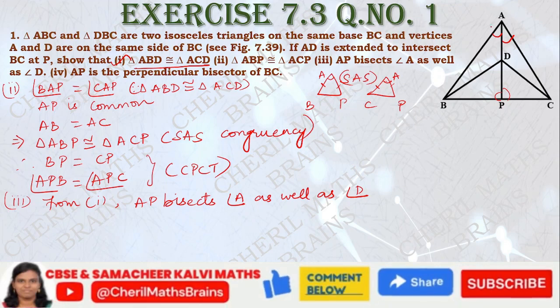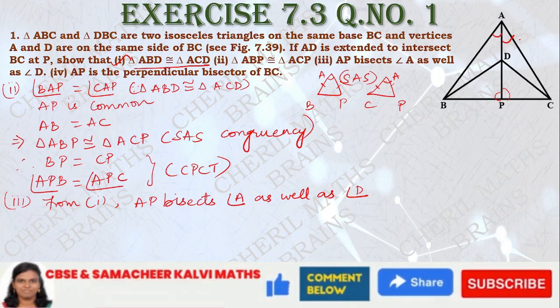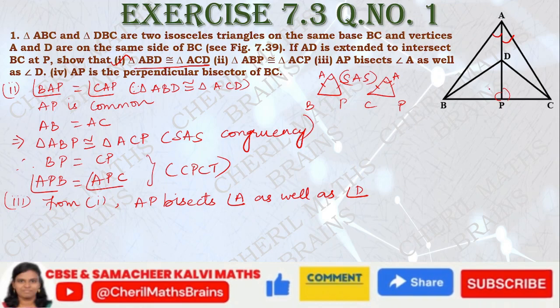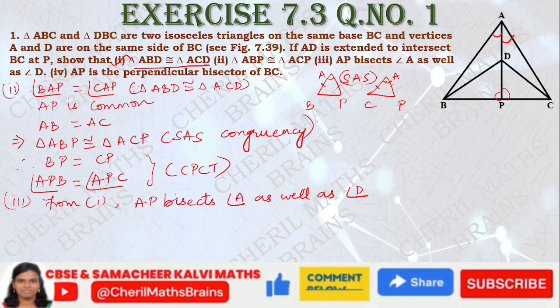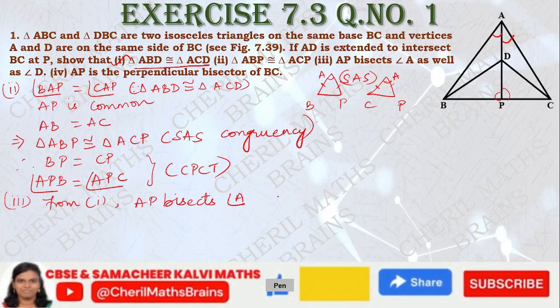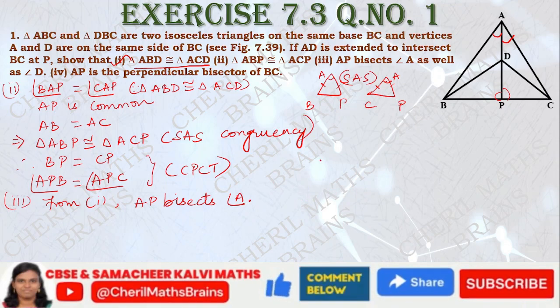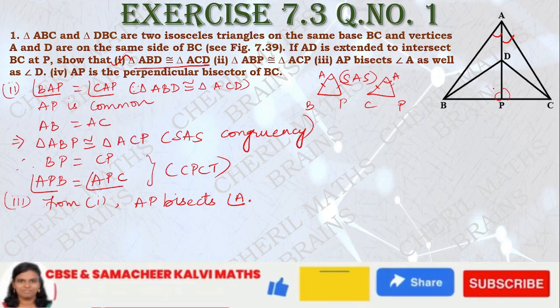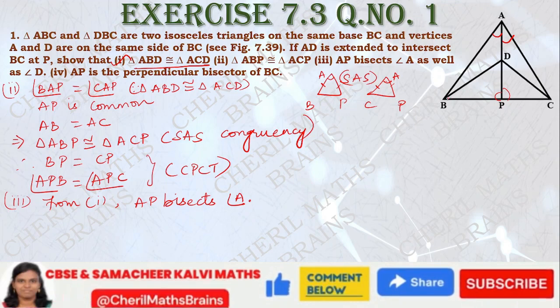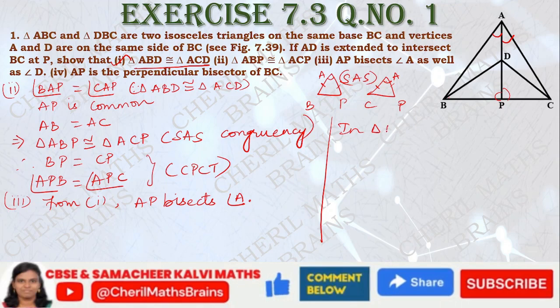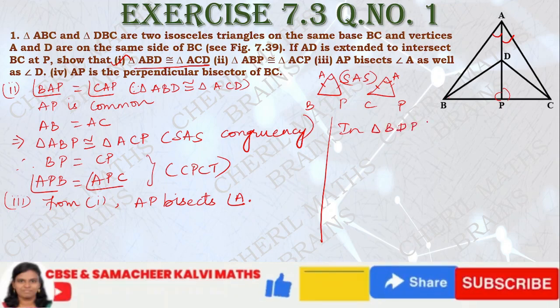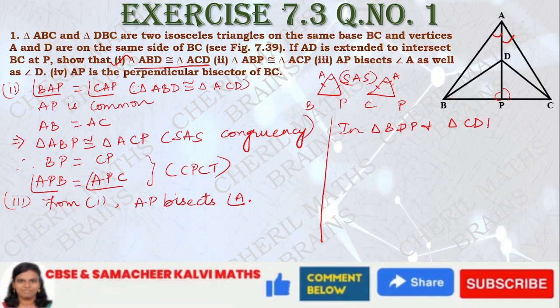Similarly we can prove this also because here we have angle BDP. We'll do it once again so that it will be a little more easy for you. For angle A we have it. We need to prove for angle D. So we will consider triangle BDP and triangle CDP.